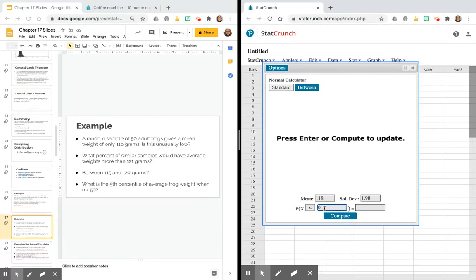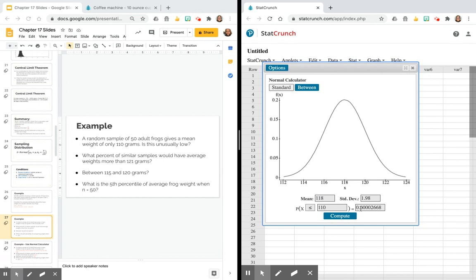Well, let's figure out the probability of getting something that's 110 or smaller. And if I do that, I get 0.00002. So think about what that's saying. That's saying that the probability of getting something that's less than 110 with this distribution is practically zero. So yes, this is unusually low because the probability of it occurring is practically 0%.